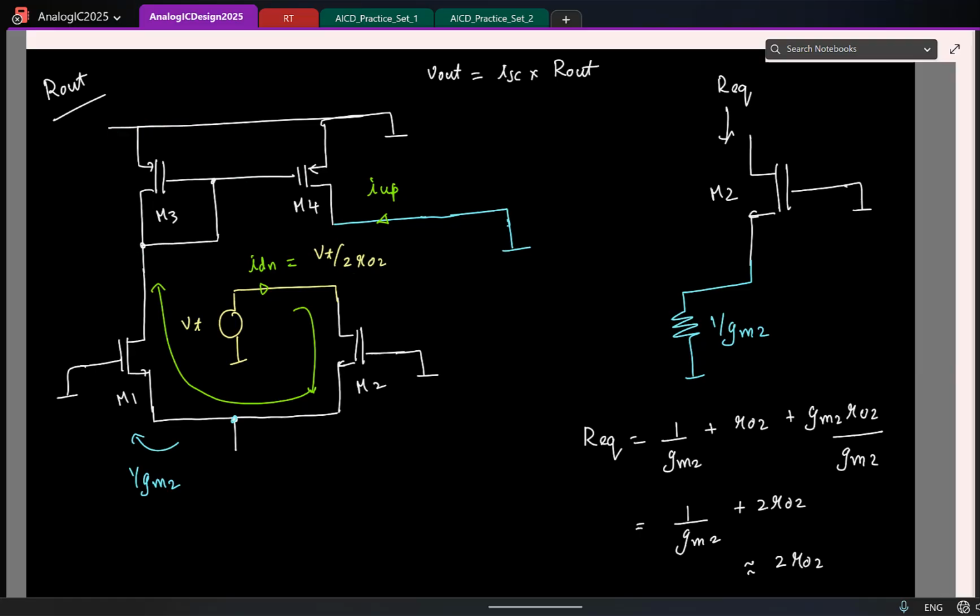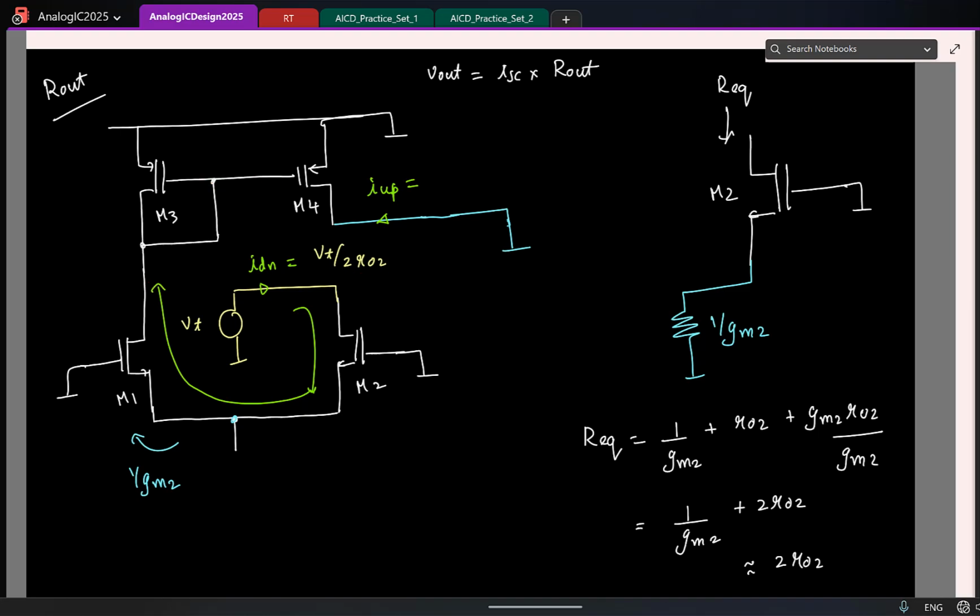Which means what can you say about the up current now? It will also be the same. Essentially this voltage source is also contributing to your up current. Is that clear? So I have some current flowing down. Now I have this negative feedback connection. So the gate voltage will get set up automatically to make sure the current is equal to this value.